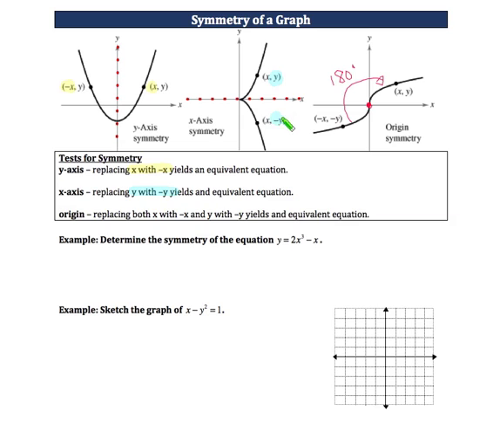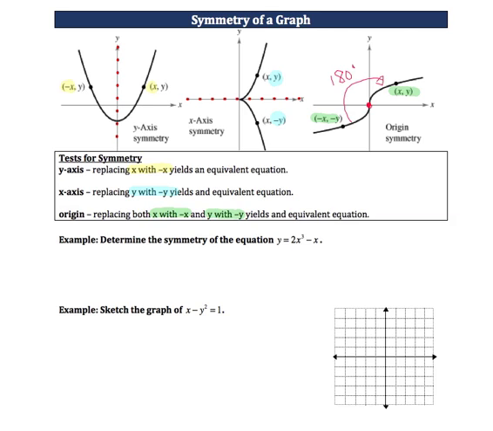And again, here's the y and the negative y. And then for the origin, we want to replace x with negative x and y with negative y. And you can see that's exactly what's happening here. And we want to check to see, does it yield an equivalent equation?